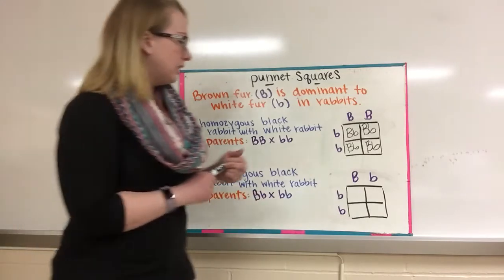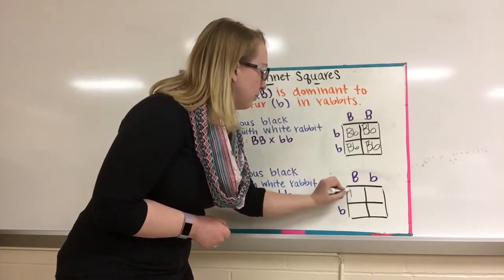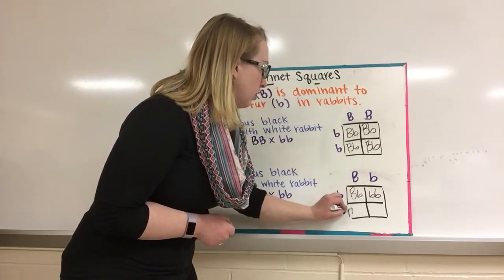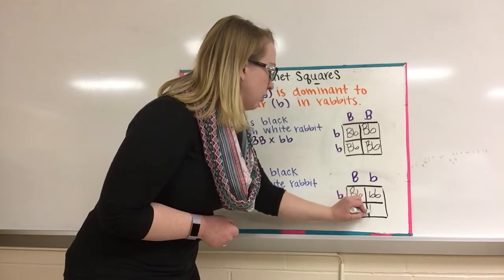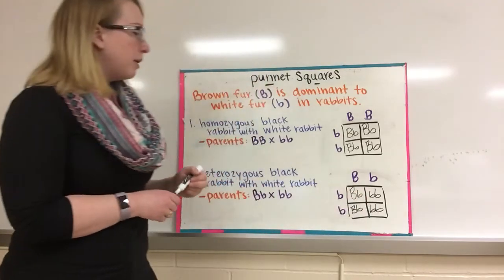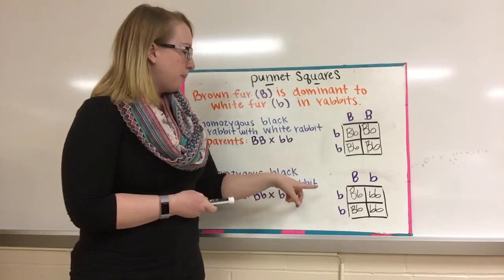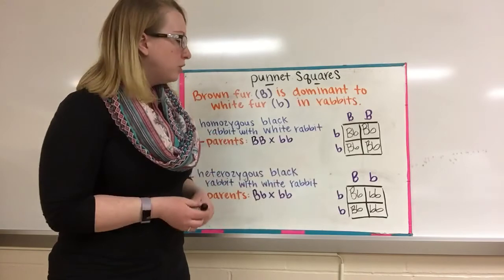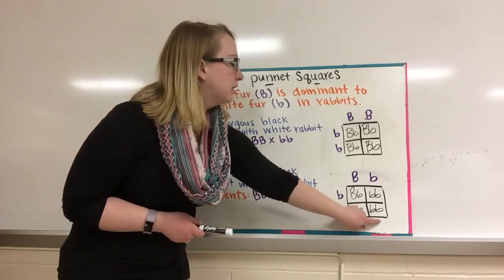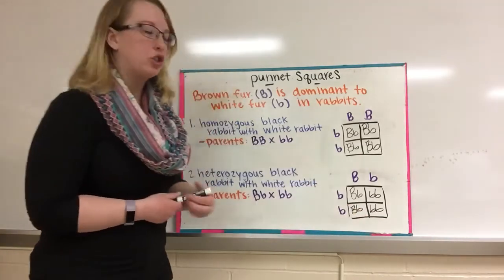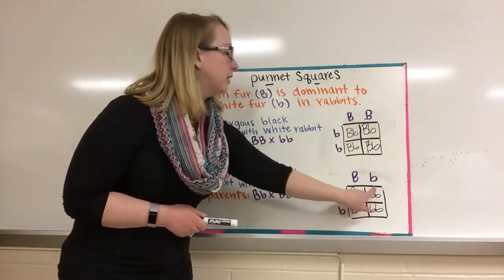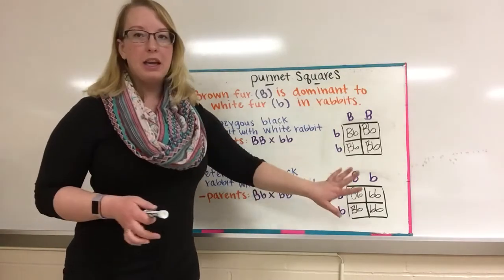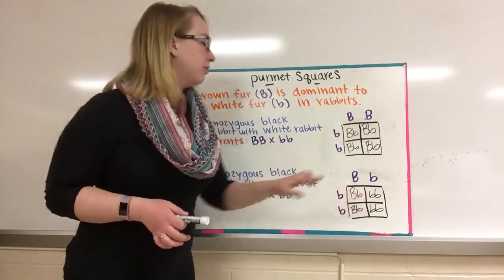Because one parent has a heterozygous trait, we do see some white furred baby rabbits, which are shown by the two lowercase b's here. So 50% of the rabbit babies would most likely have brown fur, and 50% would have white fur.